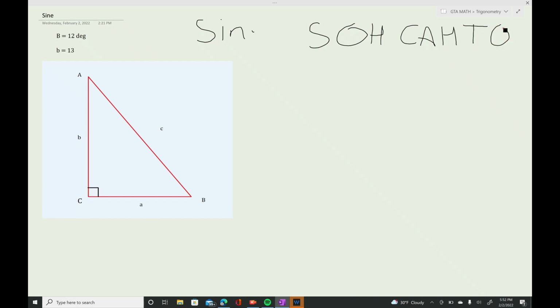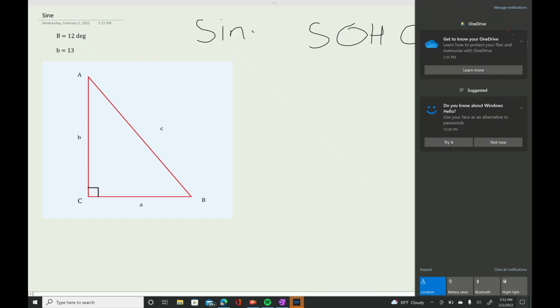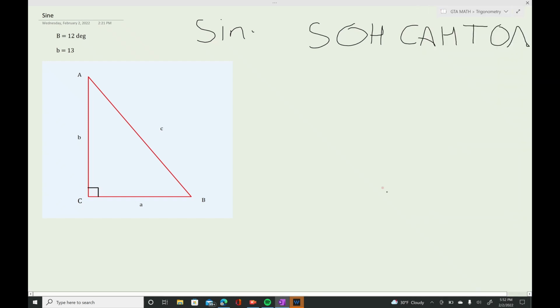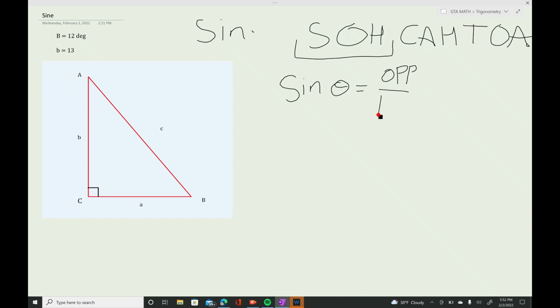if you watch the previous videos or the ones that I'm about to upload, not sure yet, you don't need to be here. This portion of SOHCAHTOA represents sine, which stands for sine of theta equals the opposite over the hypotenuse.